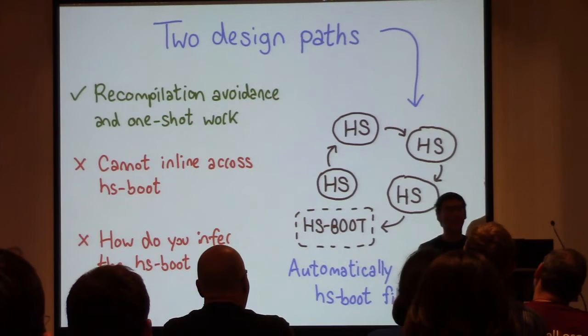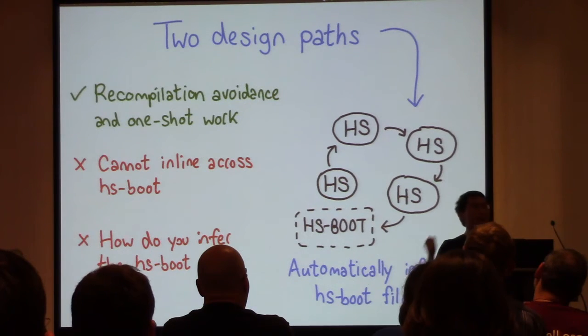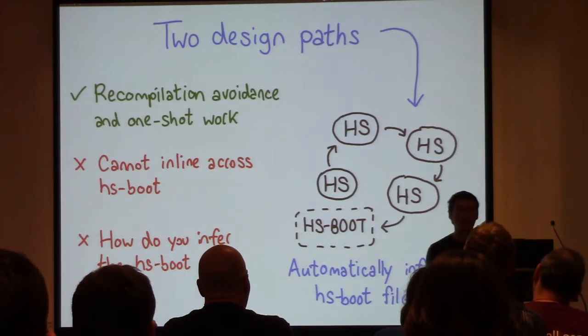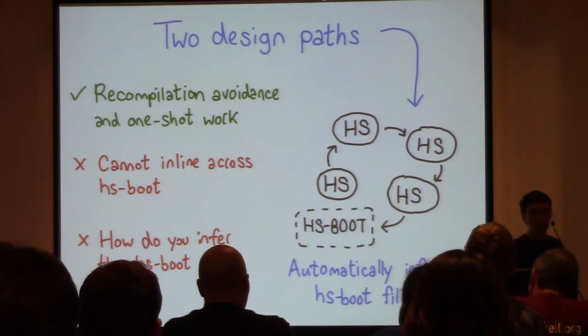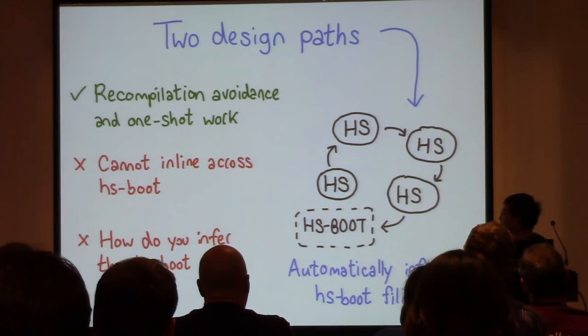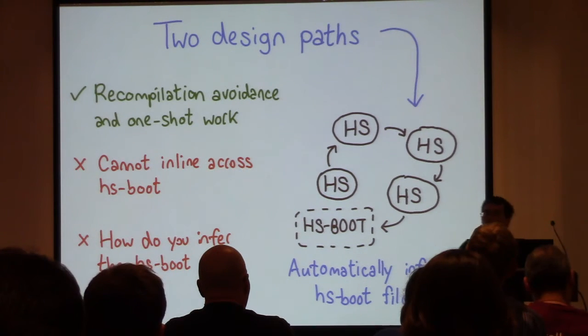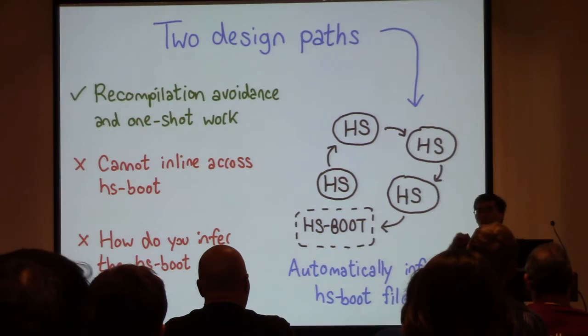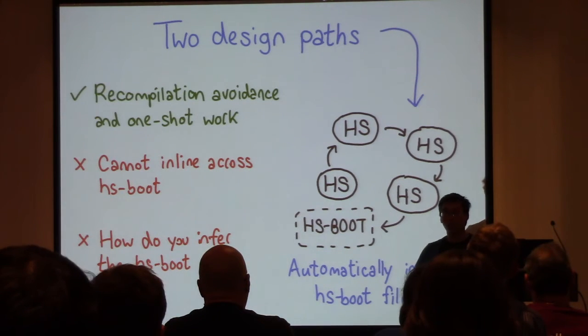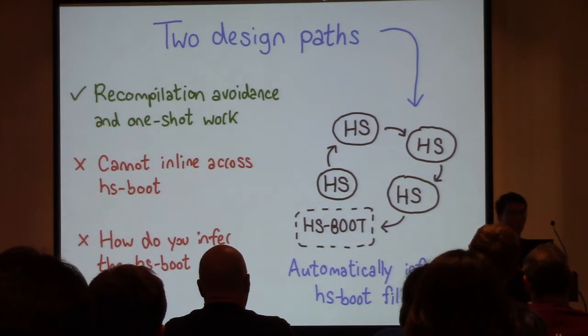So I don't want to have to copy-paste them into some extra HS boot file, which then tells me what's going on. And so you might imagine that there should be some way of just pulling out the signature from the actual module in question, assuming that someone has written all the types in question.